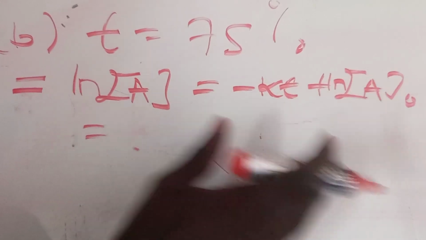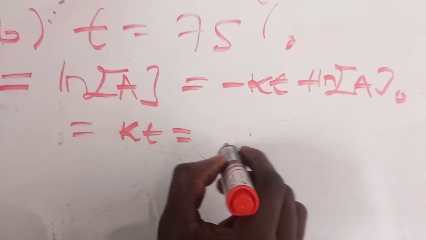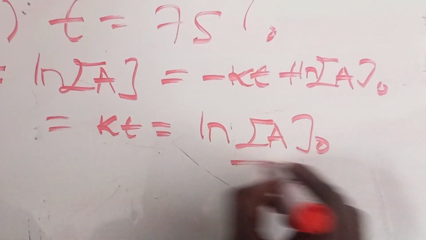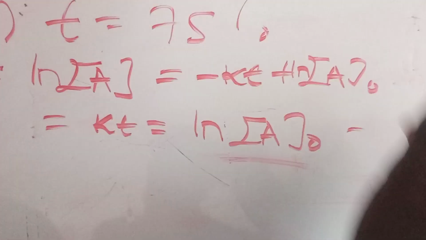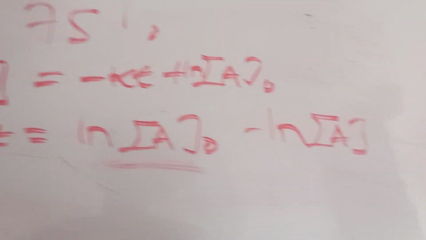So correct items there. When negative KT crosses the equals sign, we're going to have positive KT is equal to the ln of initial concentration, and the ln of concentration of A moves across with a minus sign.